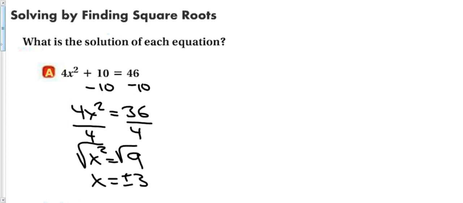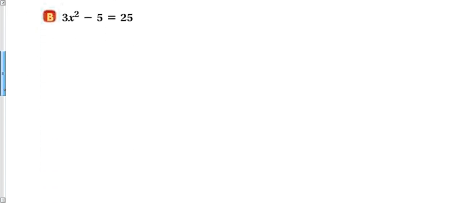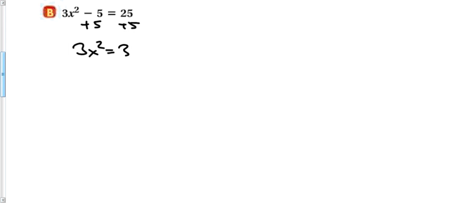Okay. Now, in these problems, they don't always have to work out perfectly. So with this problem, I'm going to do the same thing. Looking at it, I realize that I have no x term, so I'm going to try to get x squared by itself. So to do that, I'm going to add 5 to both sides. I'm going to have 3x squared is going to be equal to 30. Divide both sides by 3. And we have x squared is going to be equal to 10.